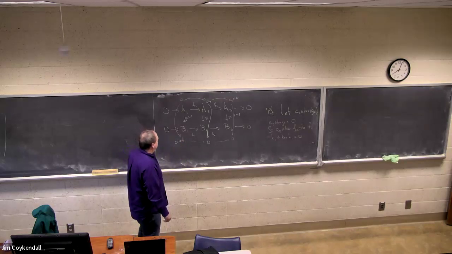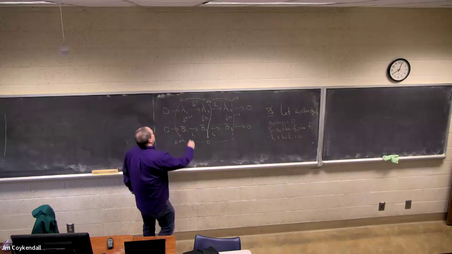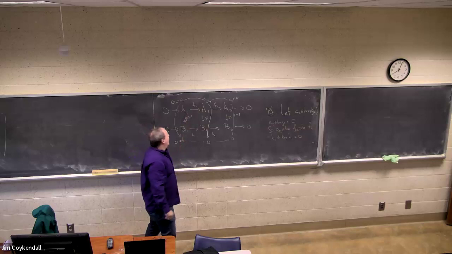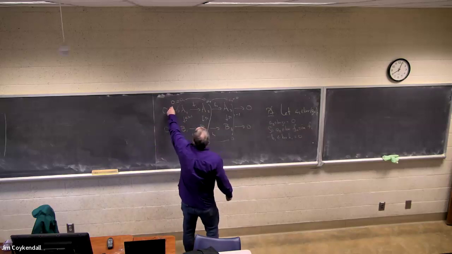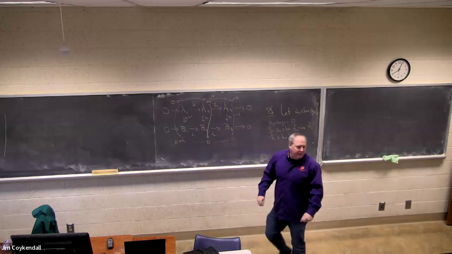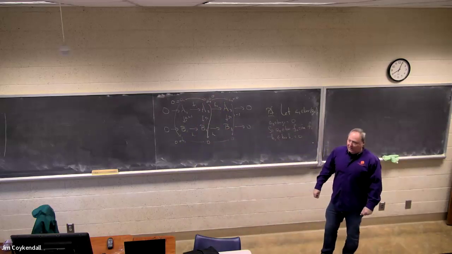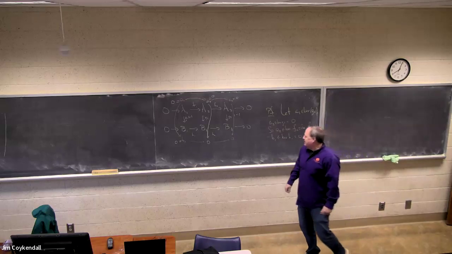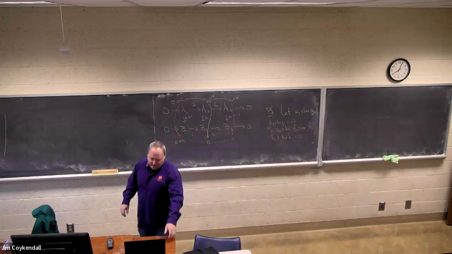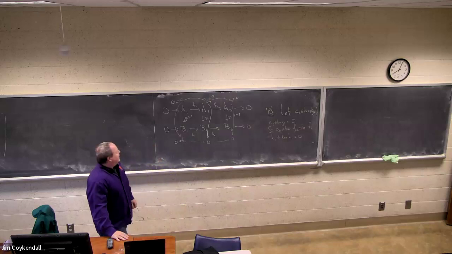Well, what does that mean about A1? A1 is 0 because this map is 1 to 1. And so A2 is the image of 0, which is 0, and so G2 is 1 to 1. Okay, so that takes care of the short 5.